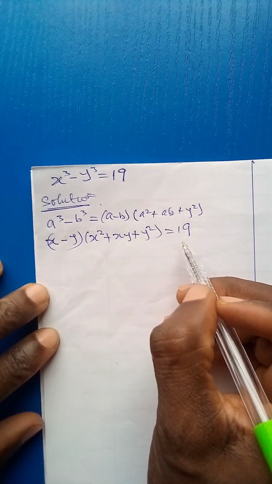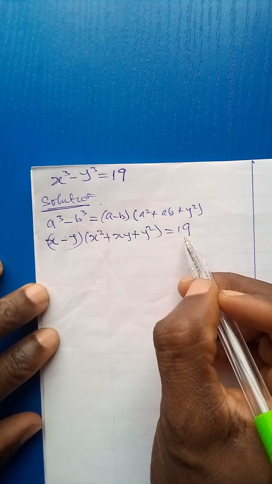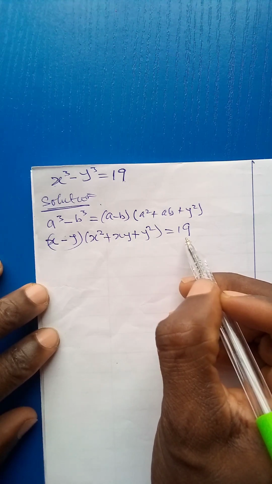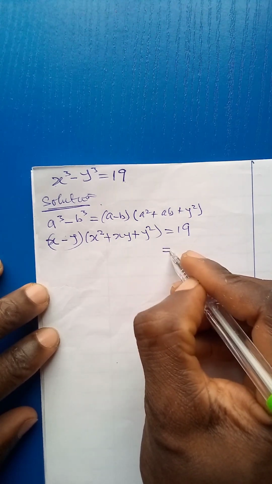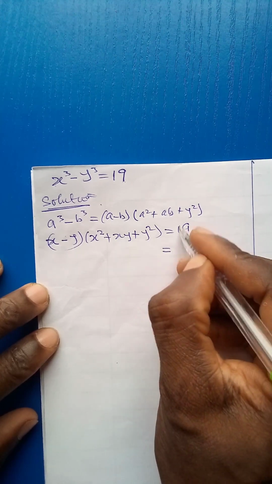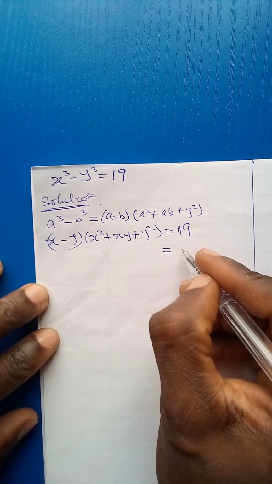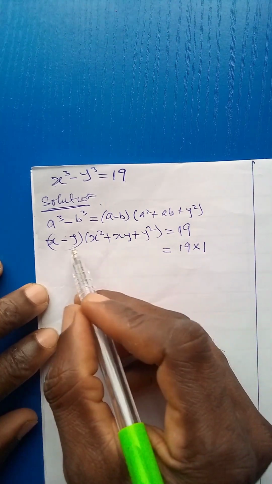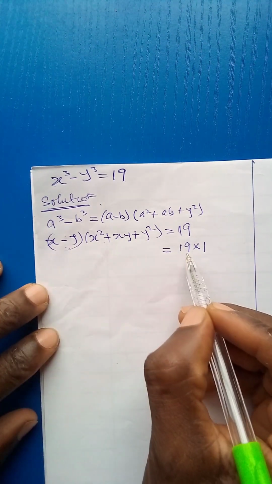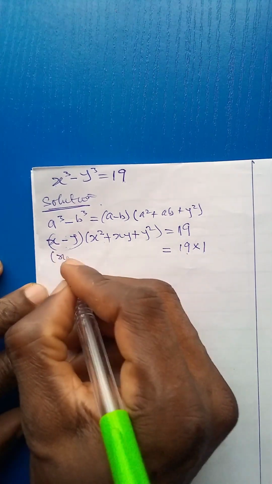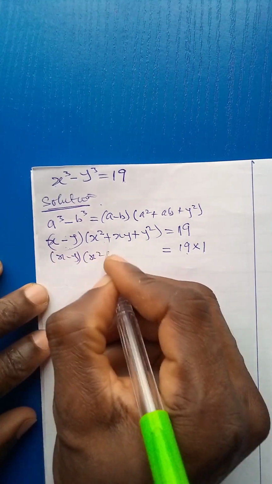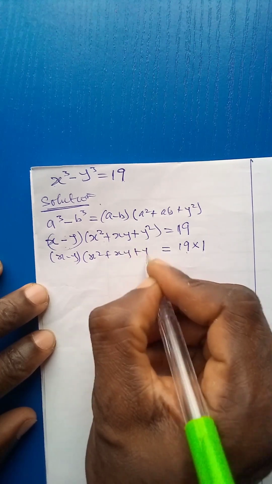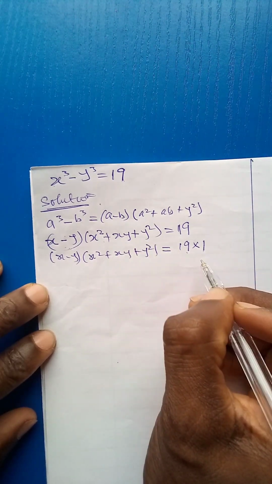Now the next thing for me to do is to express 19 as a product of two factors. 19 is a prime number. So the factors of 19 being a prime number are 19 and 1. So I will equate these two terms to 19 and 1. So I have x minus y, x squared plus xy plus y squared is equal to 19 times 1.